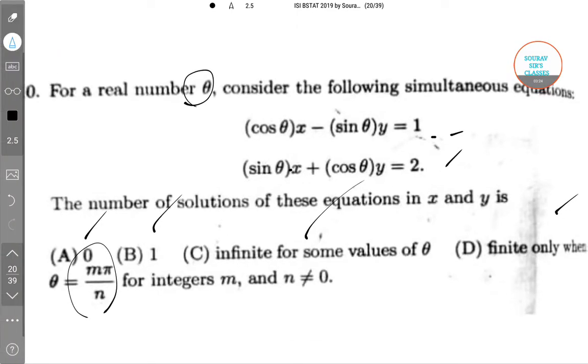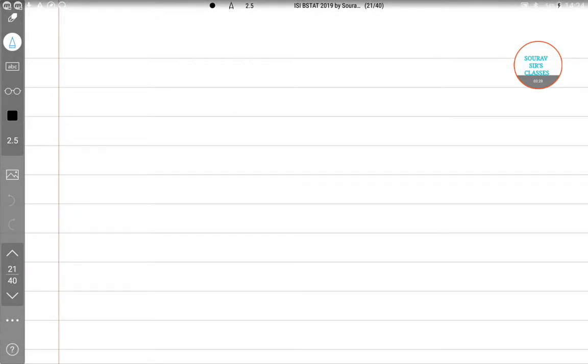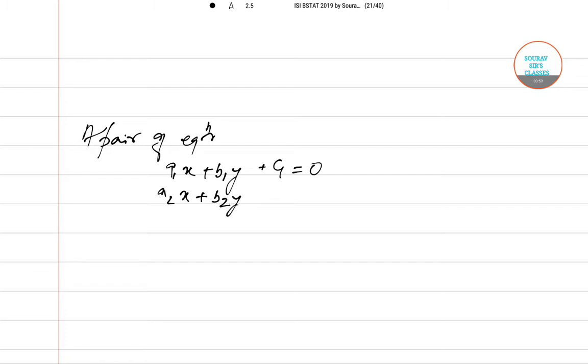Solution. Now the pair of equations can be written as a1x plus b1y plus c1 equal to 0, and a2x plus b2y plus c2 equal to 0.